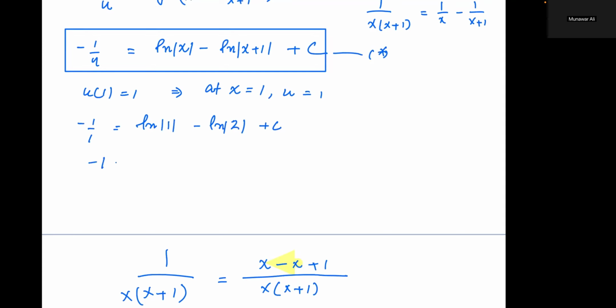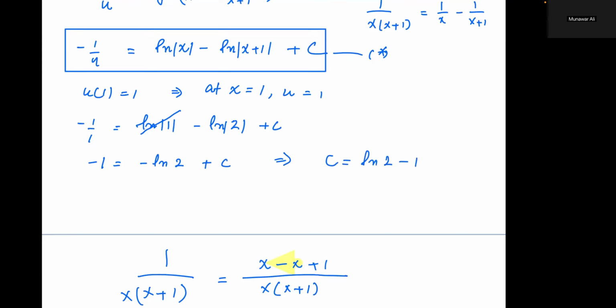So this is negative 1, and you know natural log of 1 is 0, minus natural log of 2. I don't need to put absolute value because 2 is a positive number. So the value of c is natural log of 2 minus 1.